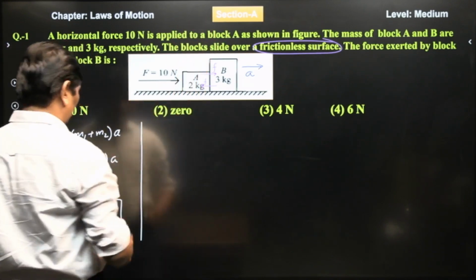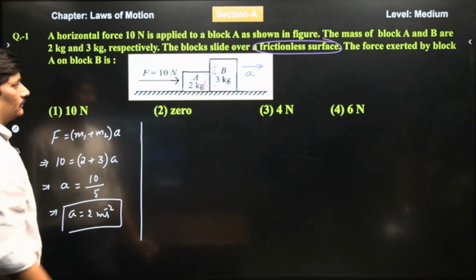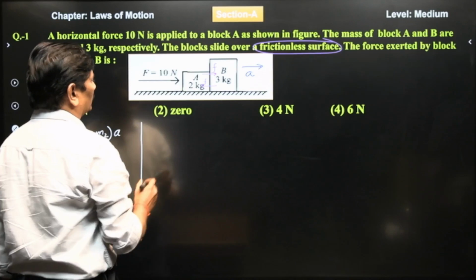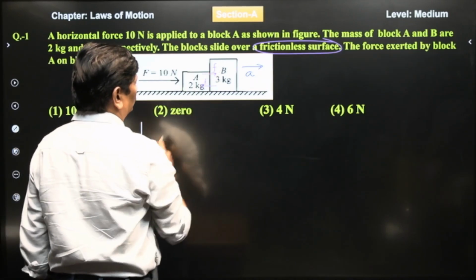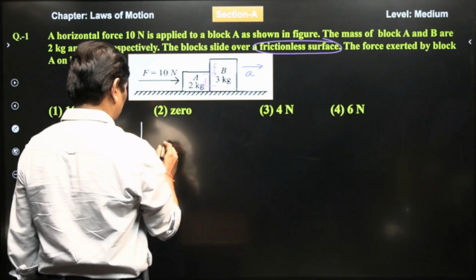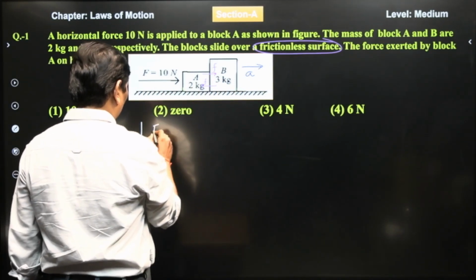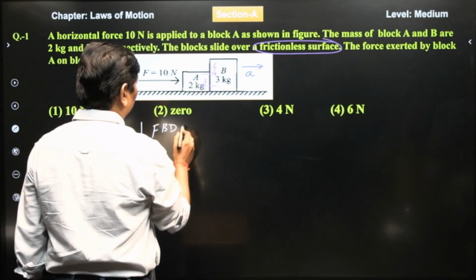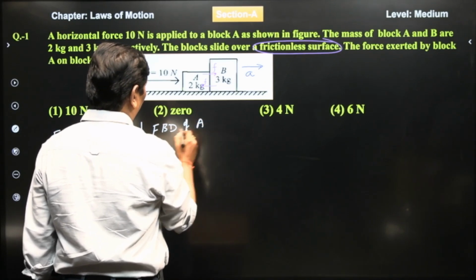This is the first part. Finding acceleration is the first part. Coming to the second part, in order to find the contact force, we divide the system into bodies. We divide the system into 2 blocks. Taking free body diagram of A, that is the first mass.